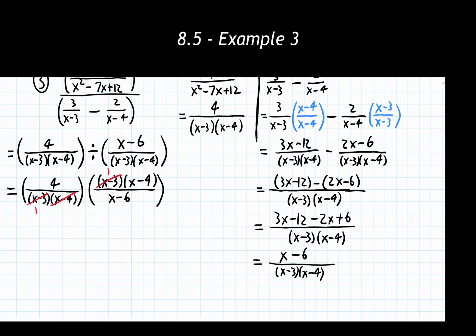Both have an x minus 4, I can cancel out. Those also become 1s. And my new rational expression in the numerator is just going to be 4, and the denominator is going to be x minus 6. Again, we always double, triple, quadruple check, can I factor and cancel anything else out? But if we can't, then we're good to go. So our final answer is going to be 4 over x minus 6, and we're done.